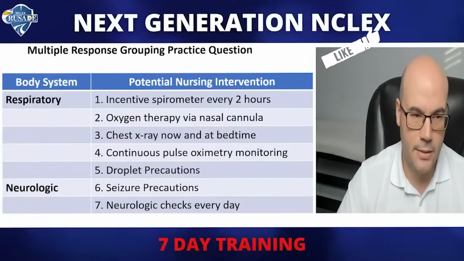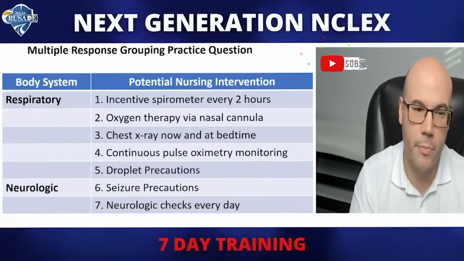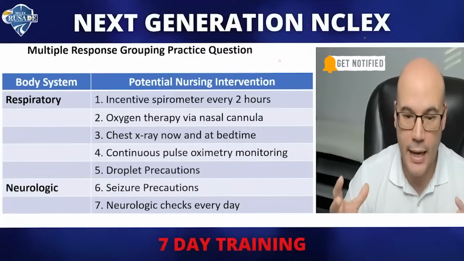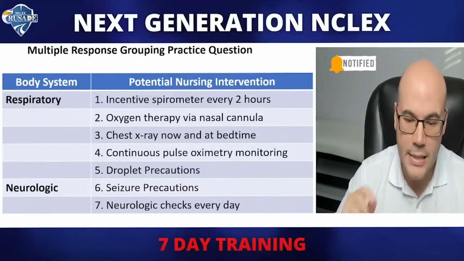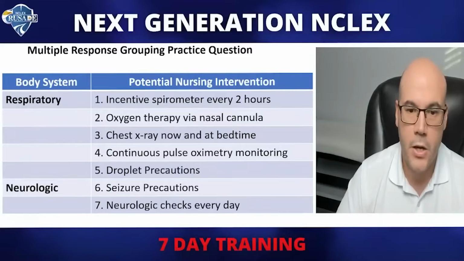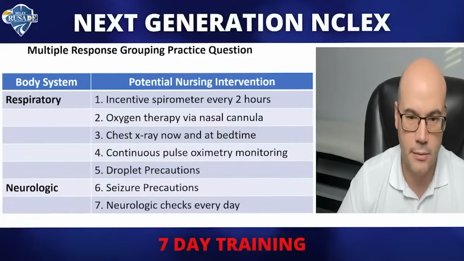The scenario is this. I am letting you know the scenario because I couldn't fit everything in one slide. So listen to this information, okay? The nurse admits an 11-month-old infant who has possible bacterial meningitis.